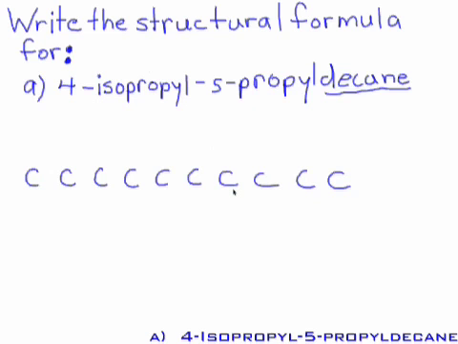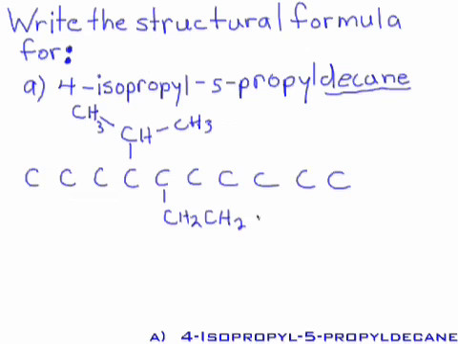And then I add the necessary substituents. At carbon 4, 1, 2, 3, 4, I have an isopropyl group, which is a CH, which has 2 CH3s off of it. And then I have a 5-propyl. A propyl group is a 3-carbon chain.